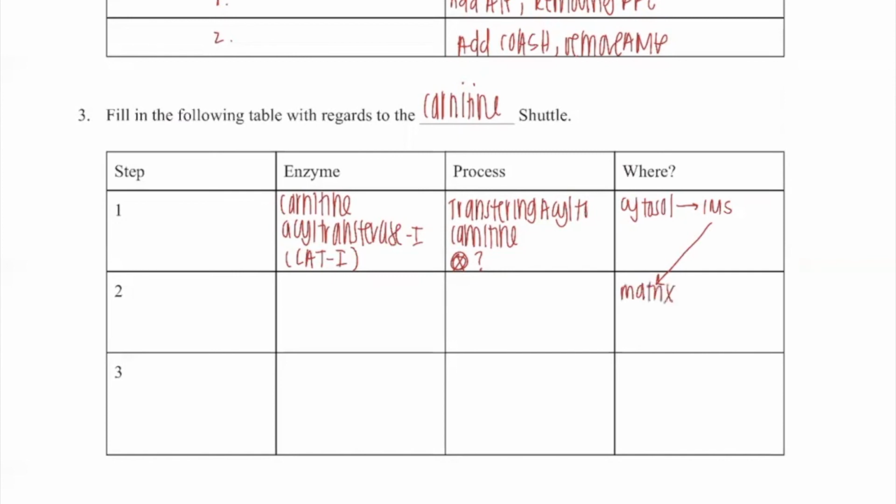It happens in the matrix. And actually it occurs from the IMS to the matrix. And then you'll see this again, and then we'll be in the matrix. So it's kind of like a zigzag. That's why I like to create these tables, because it helps you see the information in a different way. All right. So I'll leave the rest of the table up to you guys.